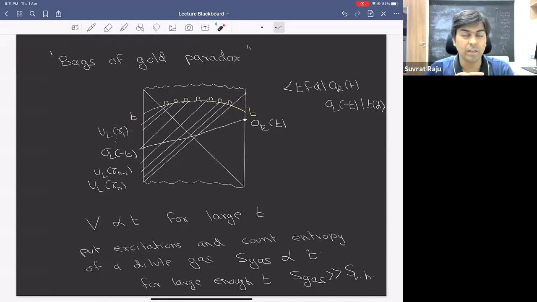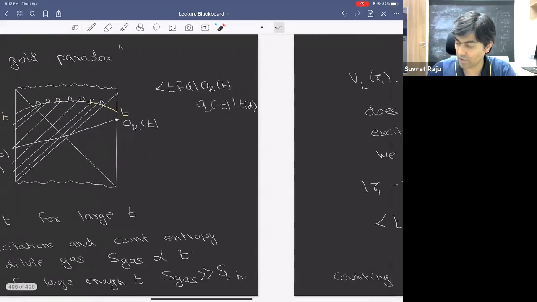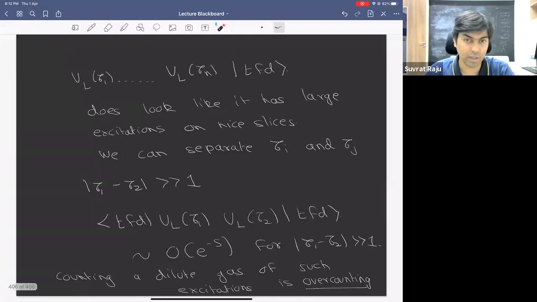We are trying to say the mistake that someone who is counting these configurations is making is that they are not being careful about the inner product. There are these exponentially small terms in the inner product. Once you keep track of those exponentially small terms, the answer is very simple. The entropy is S, what you expected, because the corrections are also of size e to the minus S. Once you keep track of them, you get back the right entropy.